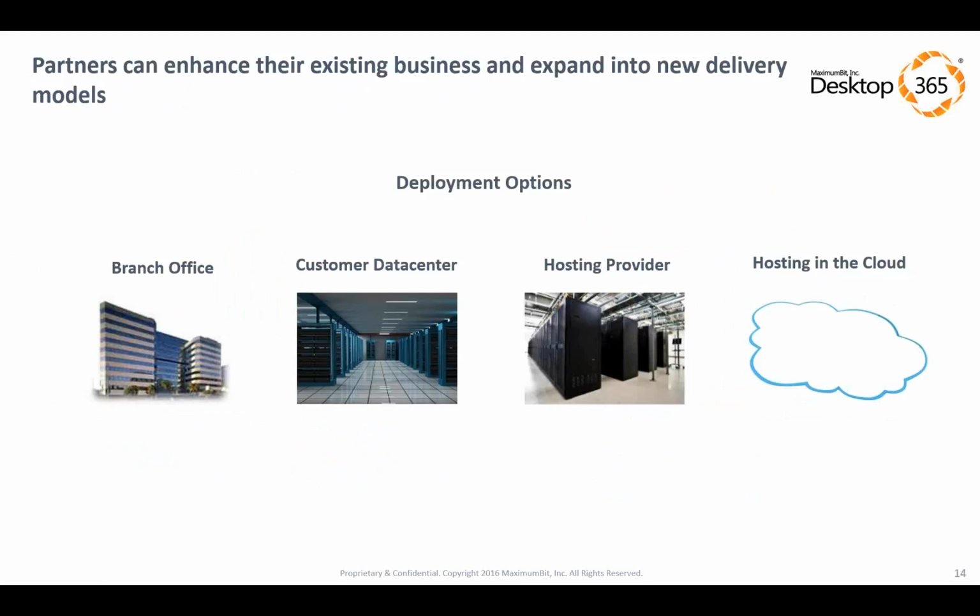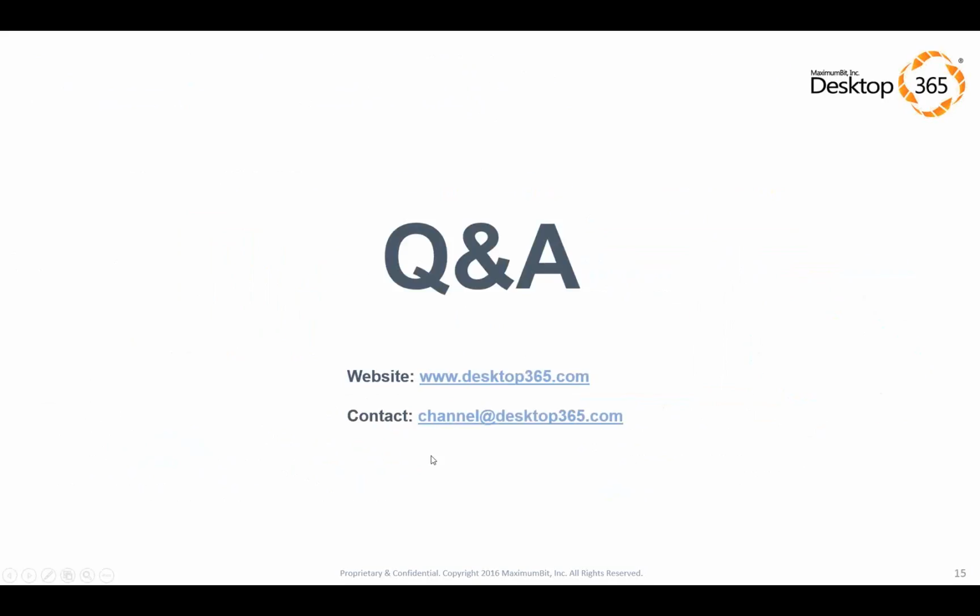And then increasingly we see more partners interested in doing this in the cloud. So for example, as Azure gains more popularity, some partners are working on Azure, on Amazon. So those use cases are supported. The portal can be used as well.